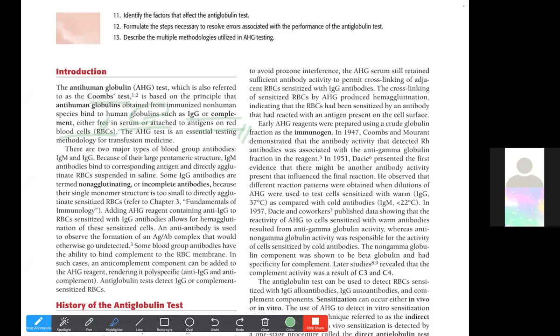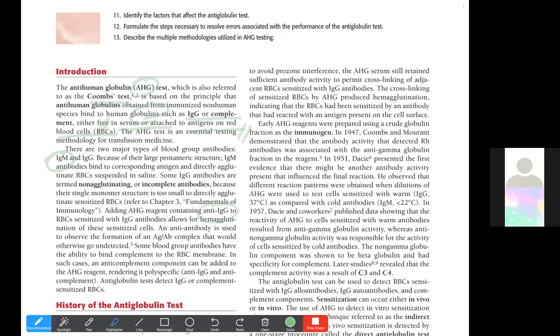Now, the AHG test is an essential testing methodology for transfusion medicine, and there are two major types. The reagent itself is based on binding to the human immunoglobulins or the complements. I think it's an anti-IgG.